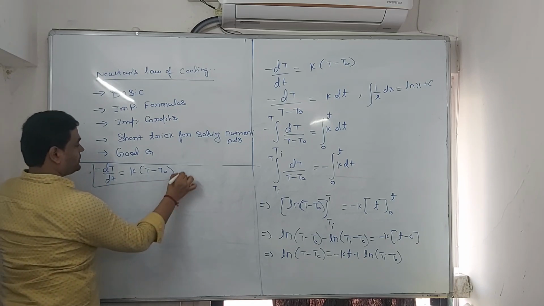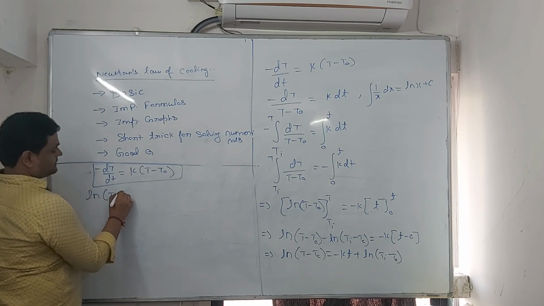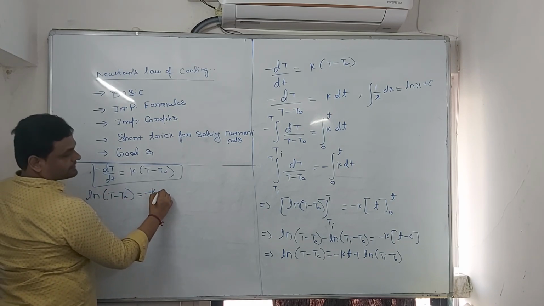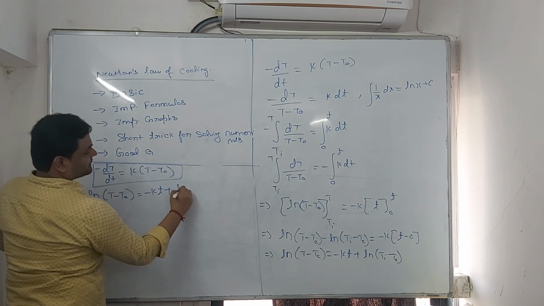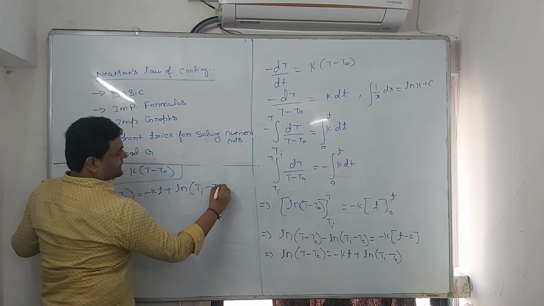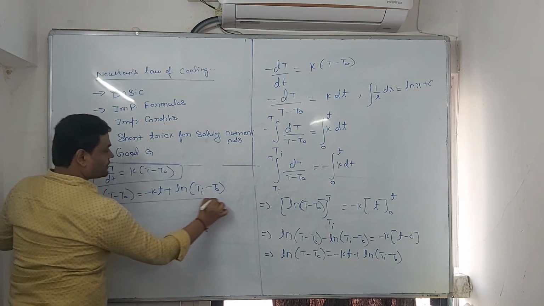This is the next formula: ln (T minus T naught) is equal to minus kt plus ln (temperature initial minus temperature of the surrounding). This is the next important formula.